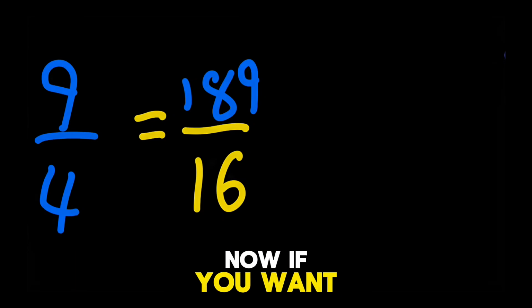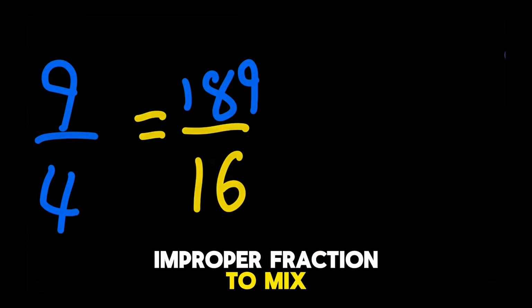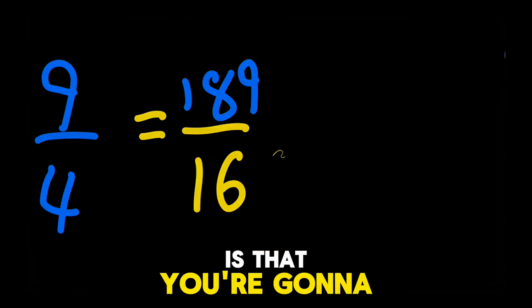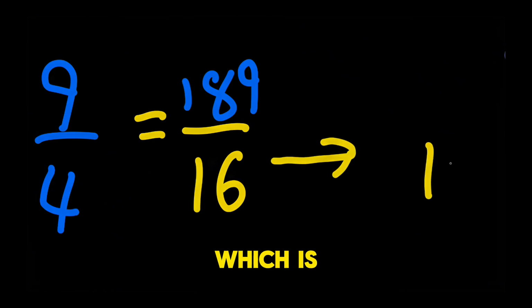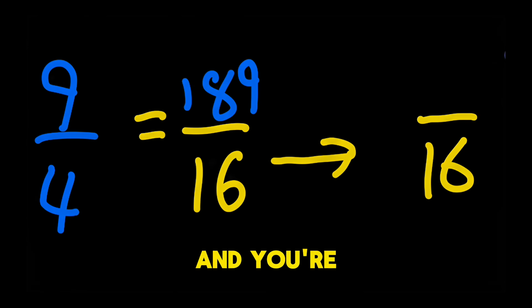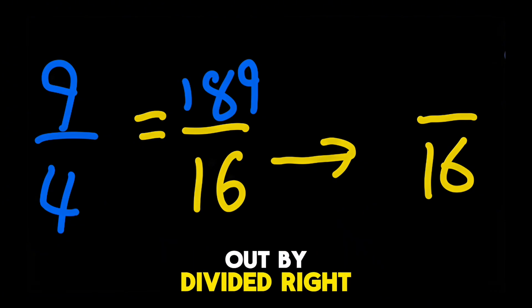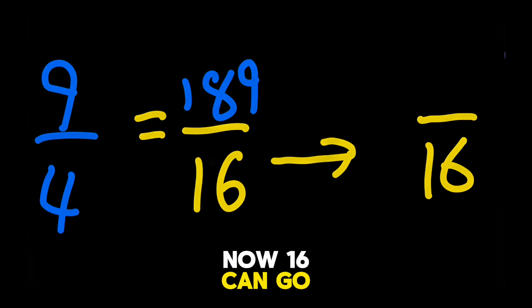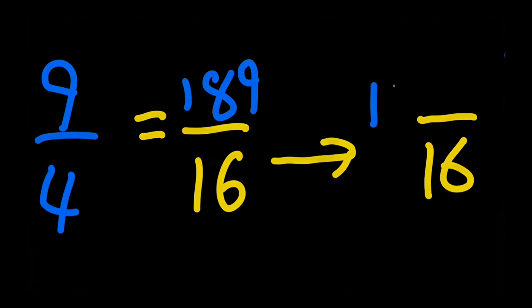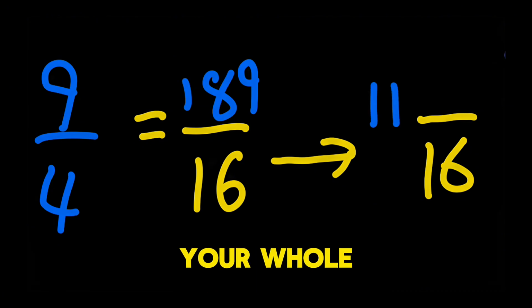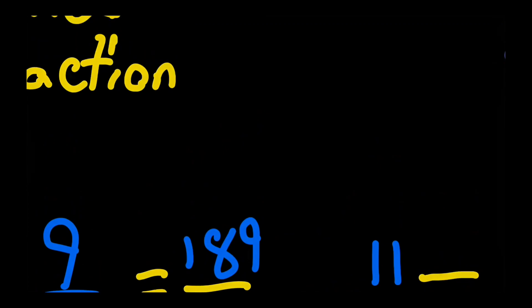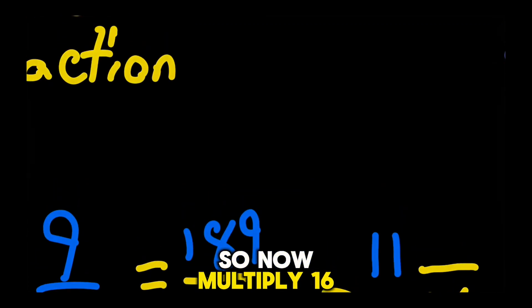Now, if you want to go from this improper fraction to a mixed fraction, you're going to retain your denominator, which is the 16, and ask how many times 16 can go into 189 without leaving a remainder, which you figure out by dividing. Now 16 can go into 189 11 times. That number would be the whole number. So now multiply 16 by 11.